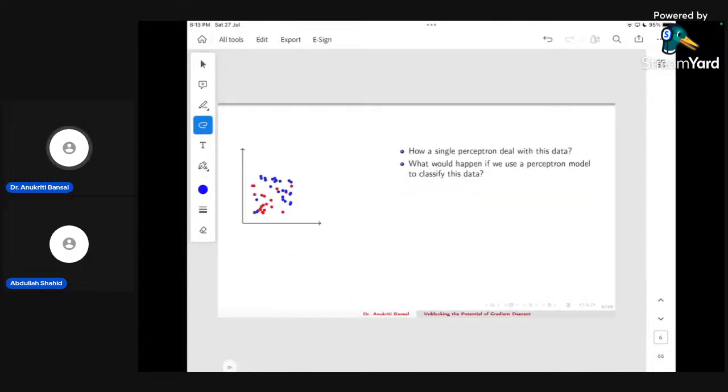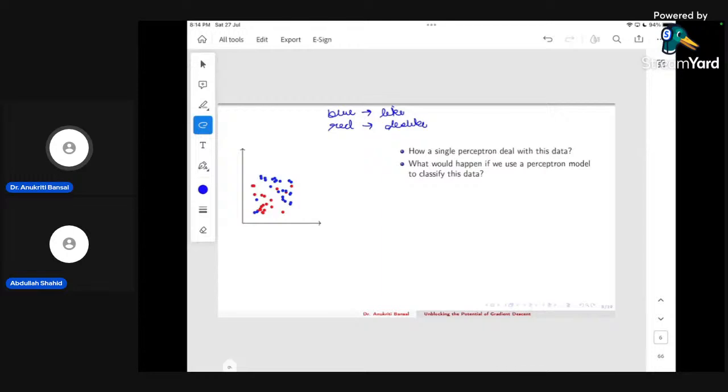So suppose this is my classic example where blue are some sample points. Maybe it is representing whether I like a movie or dislike a movie, and suppose blue represents I like a movie, and red represents I dislike a movie. Okay.